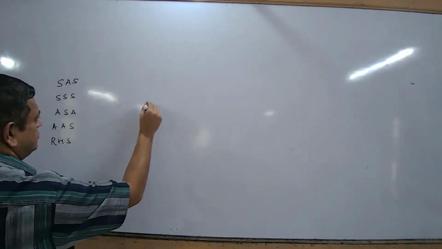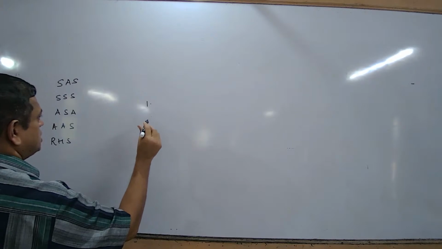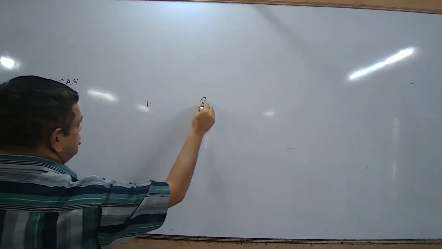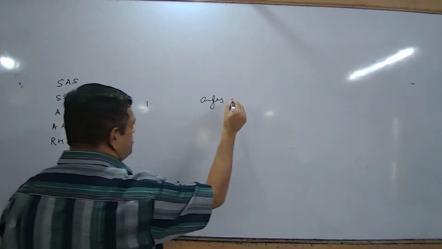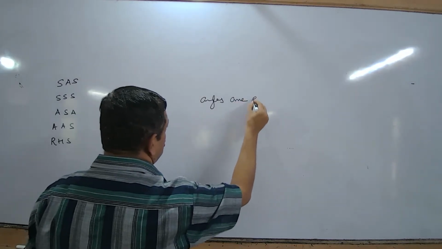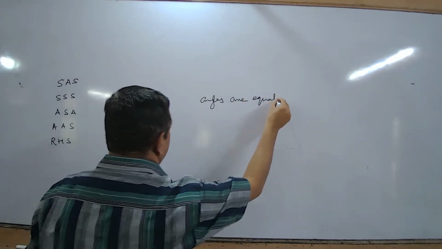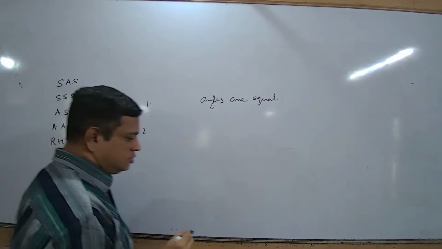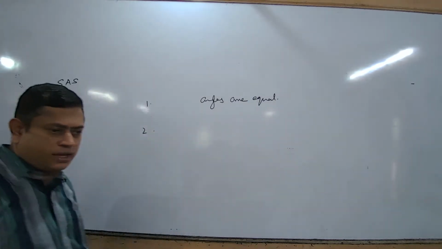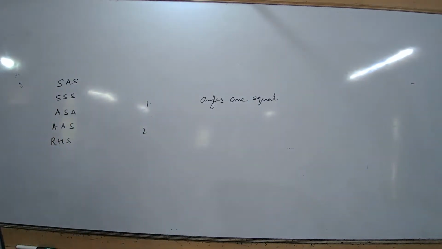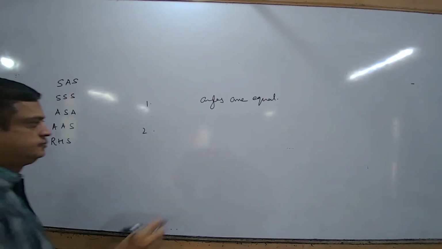if, one, corresponding angles are equal. Second, corresponding sides are proportional.